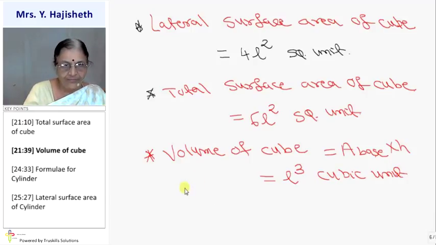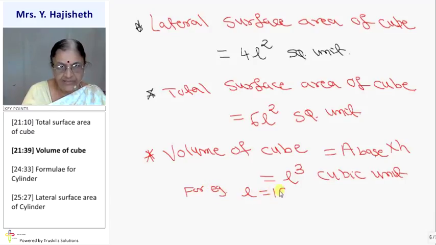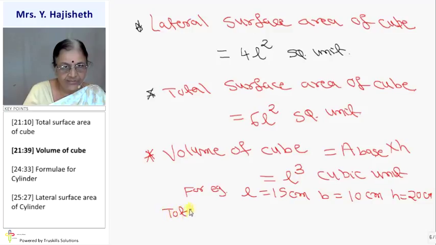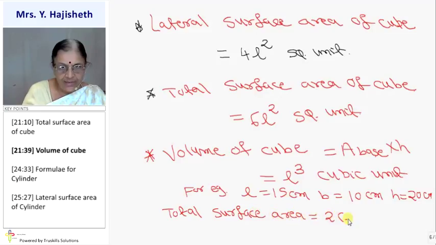For example, suppose L is given as 15 centimeter, B is given as 10 centimeter and H is given as 20 centimeter. What is the total surface area? Total surface area of this cuboid is 2 times (L into B plus L into H plus B into H). Put the value.